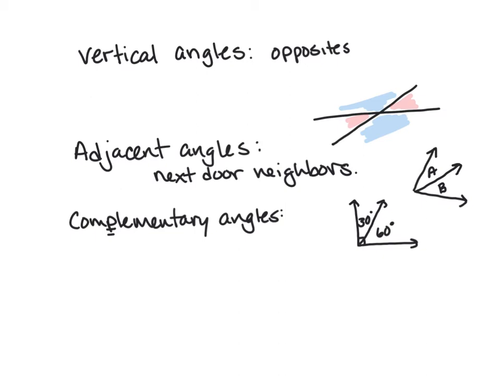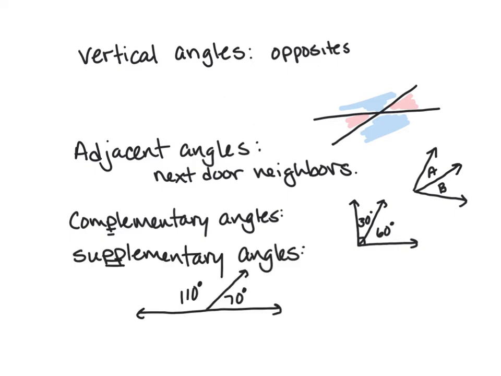So they're two angles that when added together will equal 90 degrees. Similarly, supplementary angles are two angles that, when you add the measures together, equal a straight line, a total of 180 degrees lying flat.